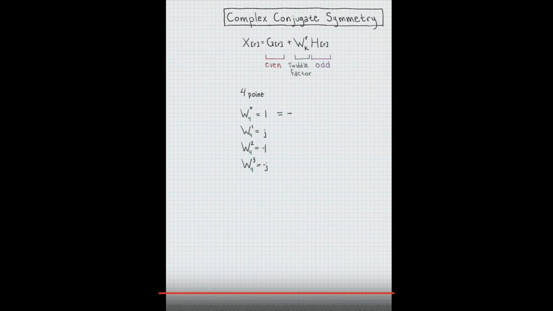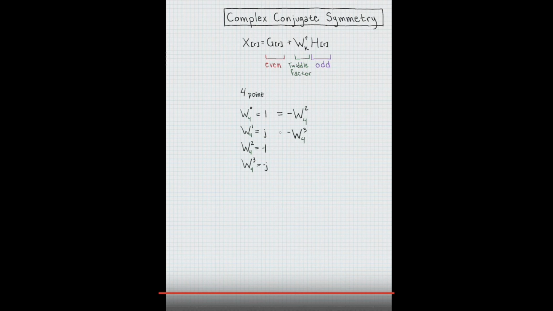So I'll go ahead and write down why on our even components we're not going to have a twiddle factor. Our even components would be W0 of 4 and W2 of 4, and you'll notice that since they're complex conjugates of each other, they're just going to be equal to the negative of one another.